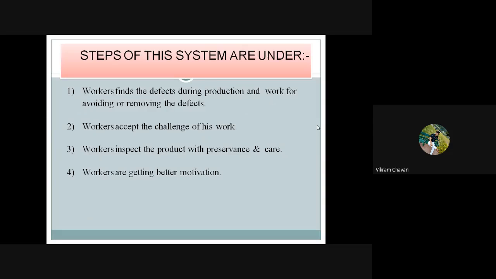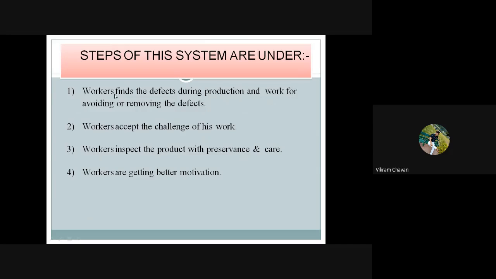Okay, then what are the various steps to carry out while implementing this zero defect terminology? The first one is that workers find the defect during production and work on avoiding or removing it. First of all, it is the worker's responsibility to produce the component with high quality.